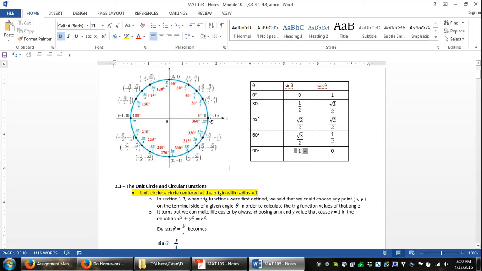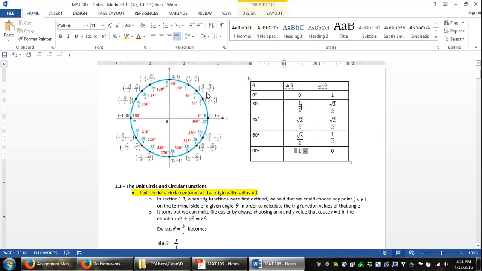Right, the ordered pair there is 1, 0, x is 1, y is 0. Well, look, sine is also equal to 0. If we go to our next angle, 30 degrees, the y value of that point on our terminal side is 1/2. Look at that, that's the sine of 30 degrees, it's 1/2.